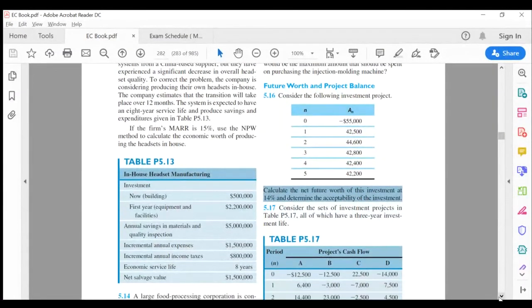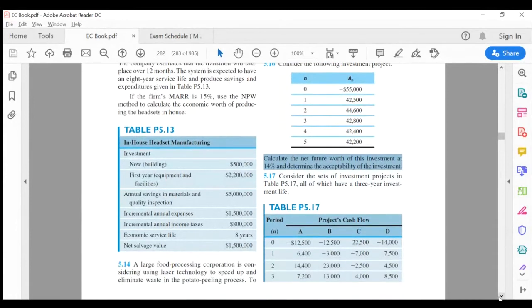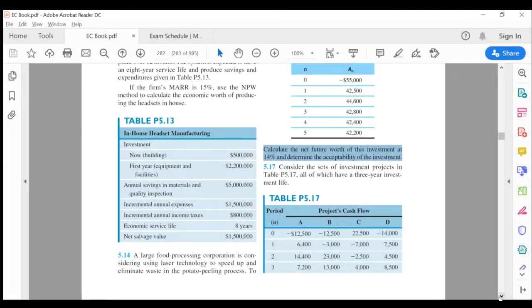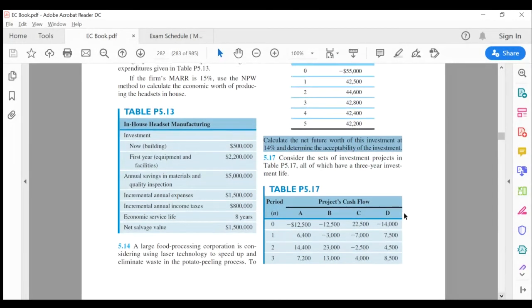Now question number 16, question number 17 is similar to 16, but it's many projects in one question. 17. Consider the set of investments which have a 3-year investment life. So you have a project A, this one.